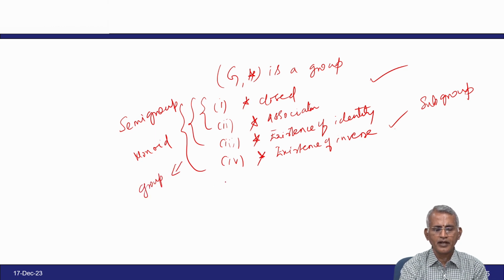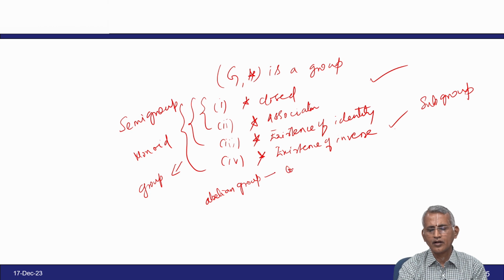And one more property is called the abelian group, or the commutative property. If it is satisfied, then it is said to be abelian.